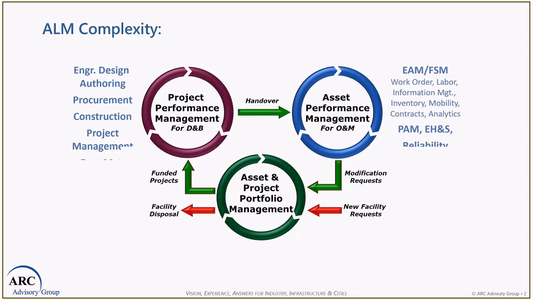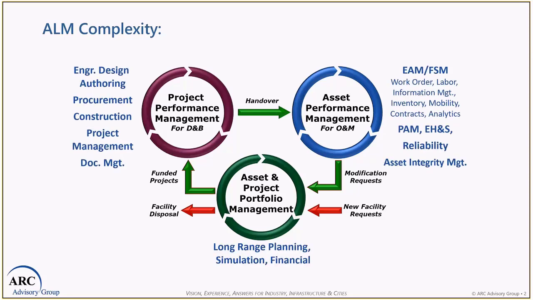Now, across all these domain areas, the D&B, operate, maintain, et cetera, in any one company there could easily be 1,000 or more applications. We certainly have the design authoring tools, project management, et cetera, on the left. And then on the right, we have a slew of programs for asset management, as well as operations and production management.